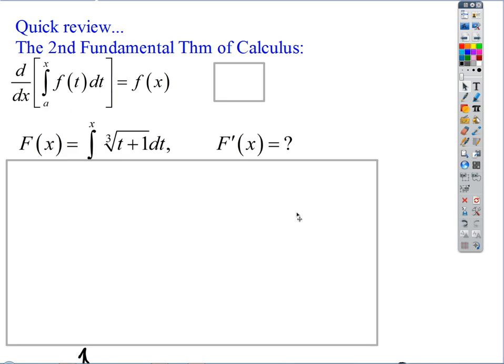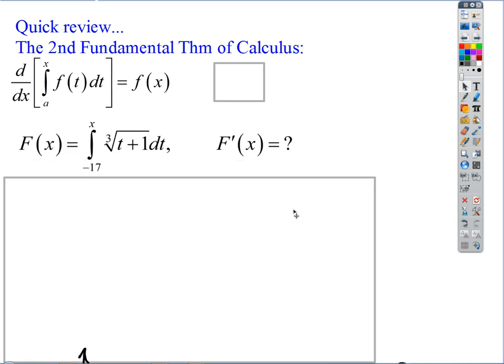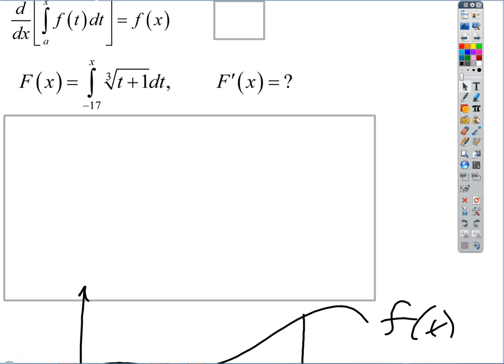Okay, so this is the second fundamental theorem. Real quick, let's practice a couple of those just to make sure we have the idea. What if this is our area function? What if we're looking at something that looks sort of complex like this? We've got a cube root of some function of t, and we're going to evaluate this from negative 17, could be anything, up to x. If I want to take the derivative of that, what are we going to get back?